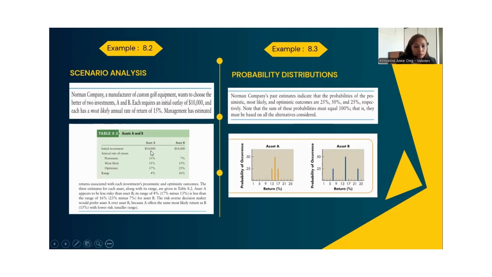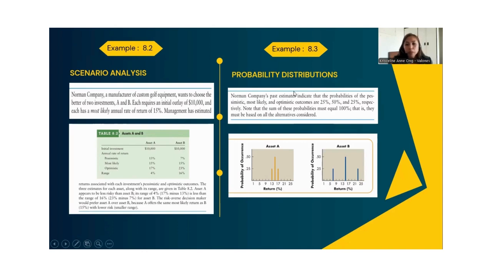So if you are looking for an investment, you will prefer asset A that will give you a return of 17% and the worst is 13%, over asset B that, even though it has a higher best outcome of 23%, has a worst rate of return of 7%. So it can deviate from a wide variety of situations. But if you are an investor who wants to be less risky and safe, you will choose asset A.